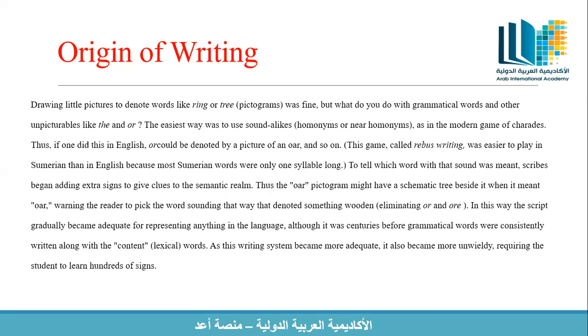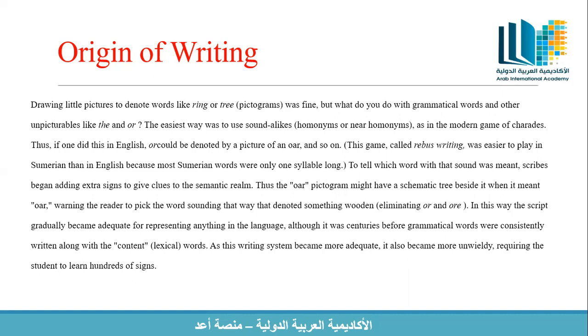To tell which word with that sound was meant, scribes began adding extra signs to give clues to the semantic realm. Thus, the oar pictogram might have a schematic tree beside it when it meant or, warning the reader to read the word that way.